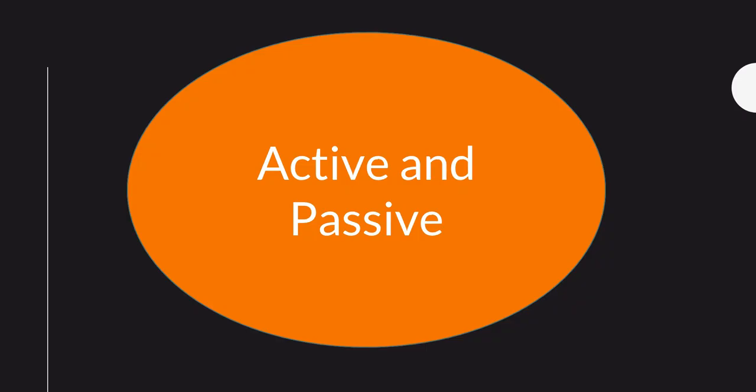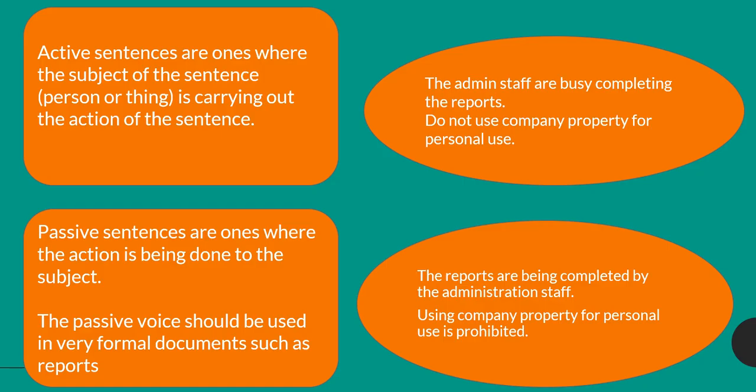Active and passive sentences. Now this is something a lot of people have never come across before, and it can take a while to get into the habit of doing it. So active sentences are one where the subject of the sentence, now a subject is always a person or a thing, and that subject is carrying out the action of the sentence.